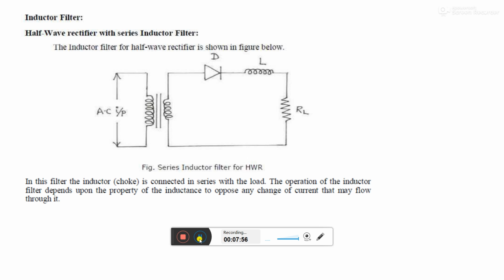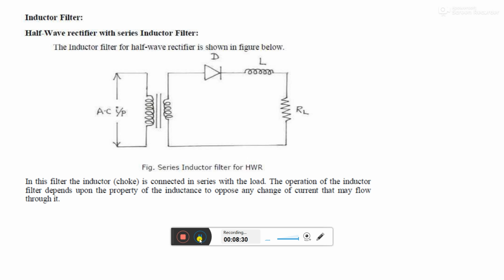As shown in the figure, the rectifier output contains unwanted AC ripples. We call it the ripple factor or components. When the output passes through an inductor, it offers high resistance to the AC component and no resistance to the DC component. Therefore, the AC component of the rectifier output is blocked and only the DC component passes towards the load resistor.